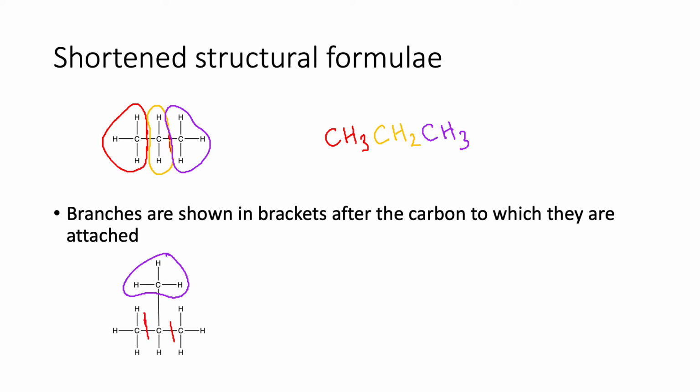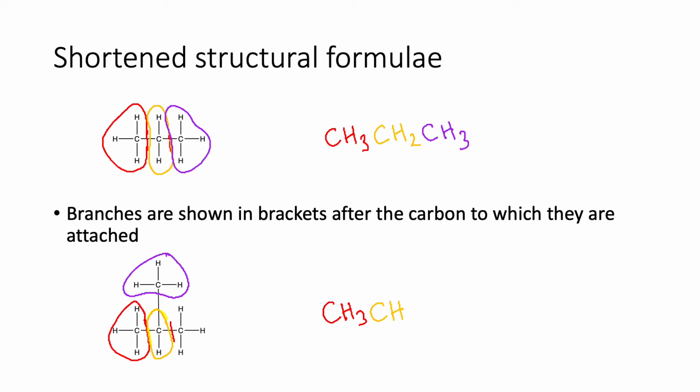The first carbon atom here has 3 hydrogen atoms attached to it, so we write down CH3. Our second carbon atom here just has 1 hydrogen atom attached to it, so we write down CH. Now we'll consider our branch because it's attached to this carbon atom.